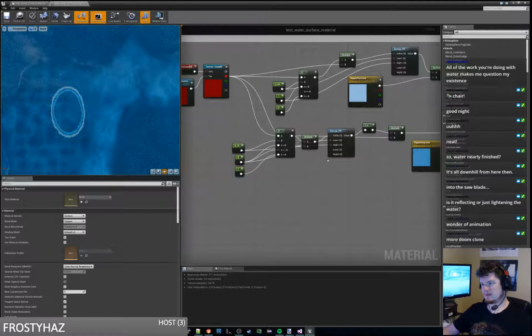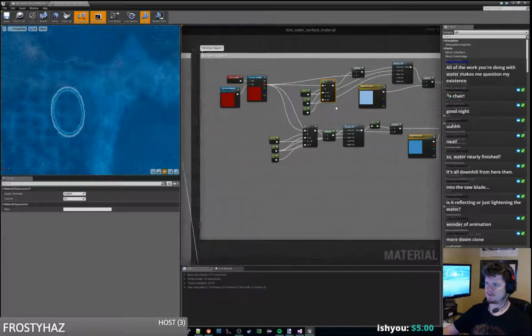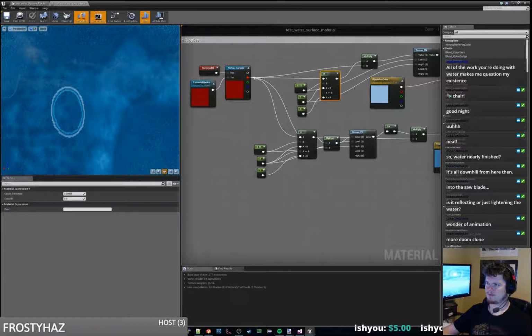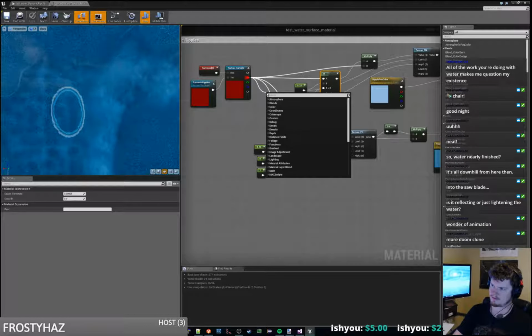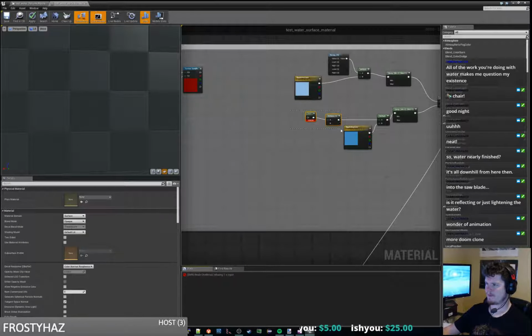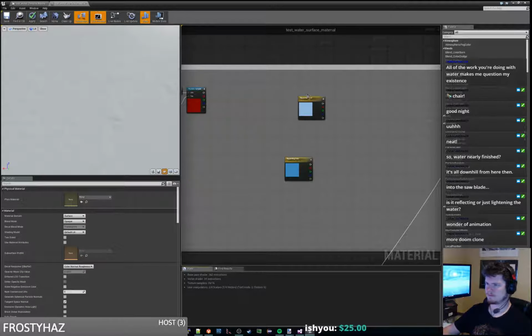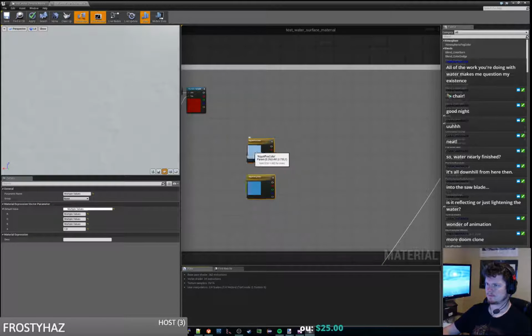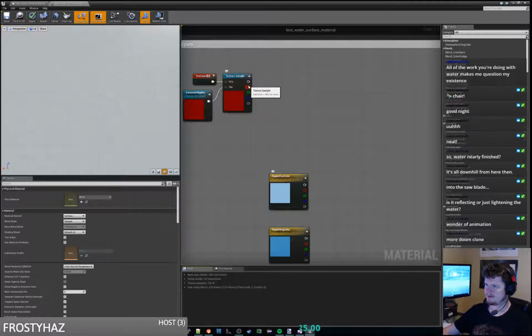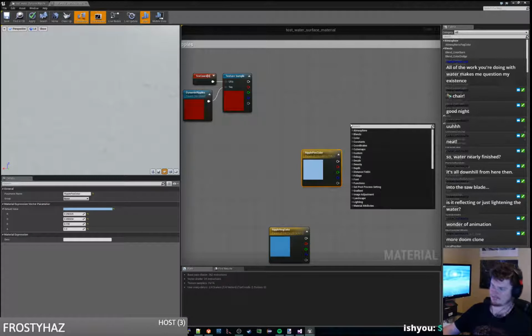Alright, so what we want to do is, if we take this value, let's just redo this thing from scratch. I want to take this value and then multiply it. Yeah, let's just trash all this. This value goes from 0 to 1 to 0 and all that. So maybe we should just multiply this value together with our ripple color.